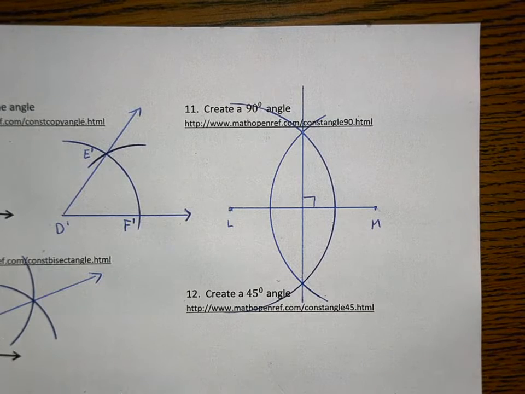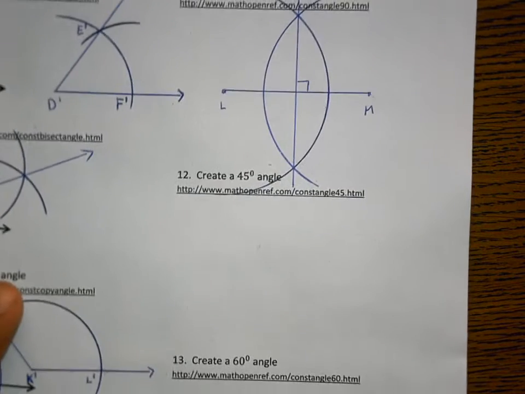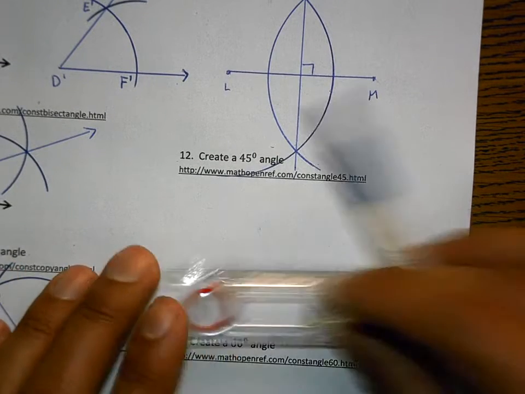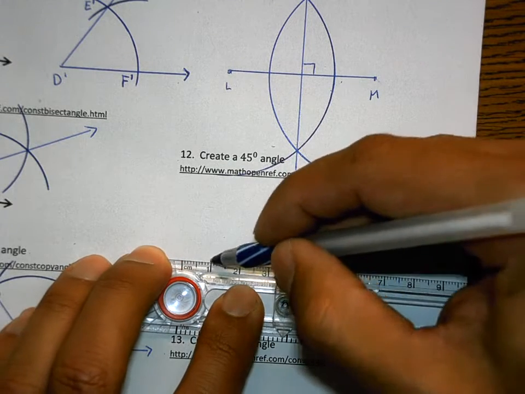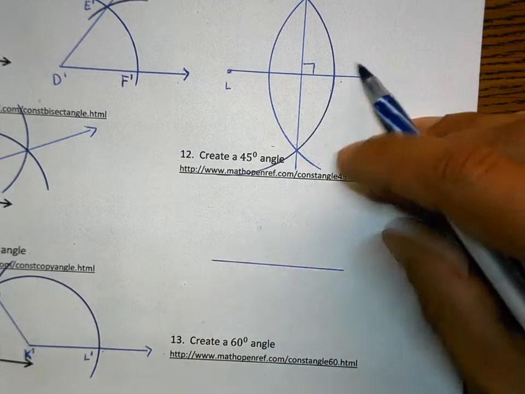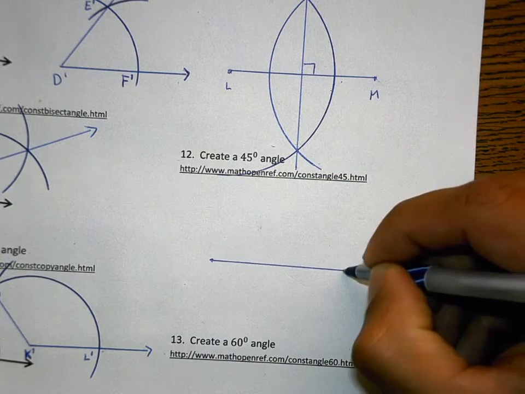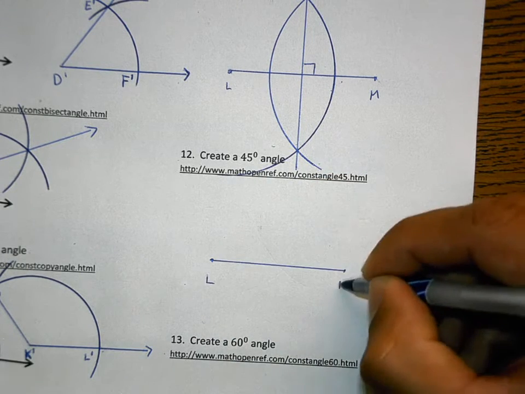So I have to do the same 90-degree angle. How do I do it? I start off by just drawing a nice segment right here. We can call it LM if you want to. We can do the same one.